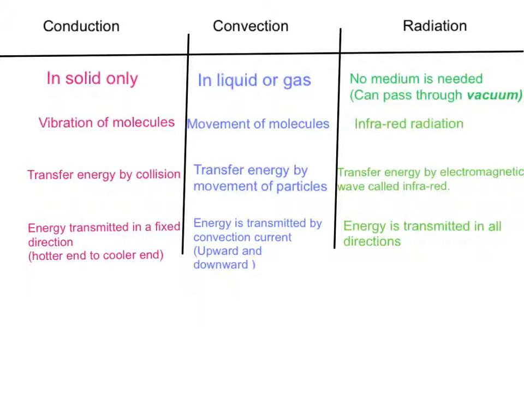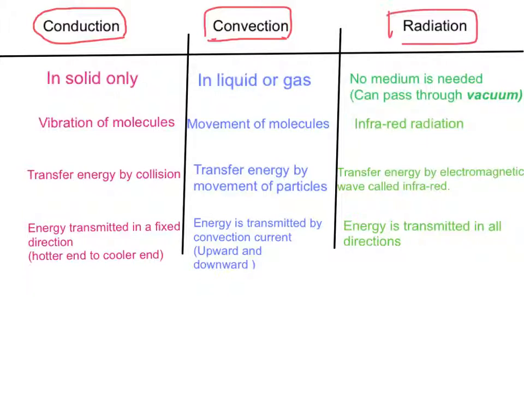Now let's compare heat transfer by conduction, convection, and radiation. Conduction only occurs in solids. Convection can occur in liquids or gases. For radiation, no medium is needed for it to propagate, because radiation can pass through vacuum.